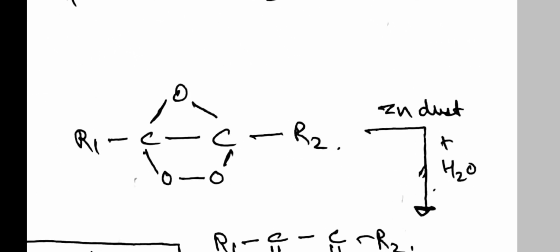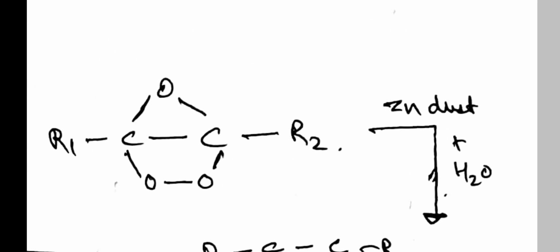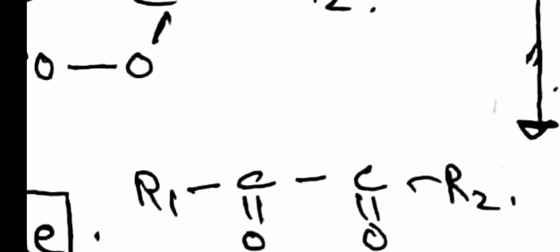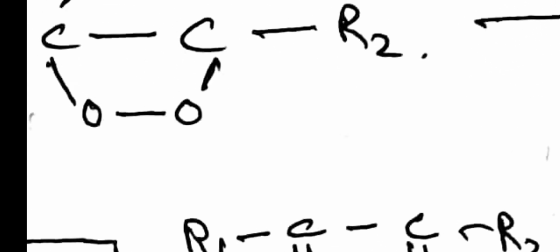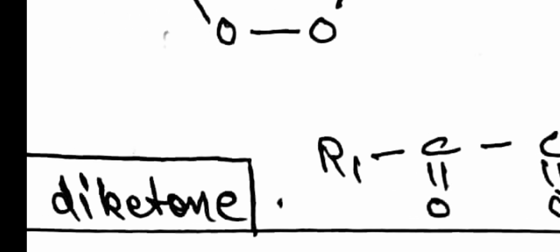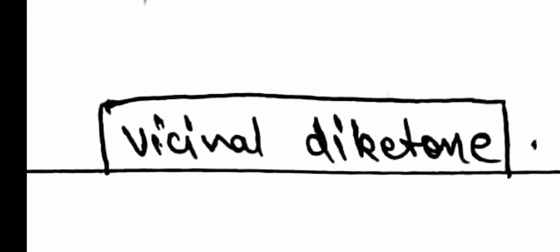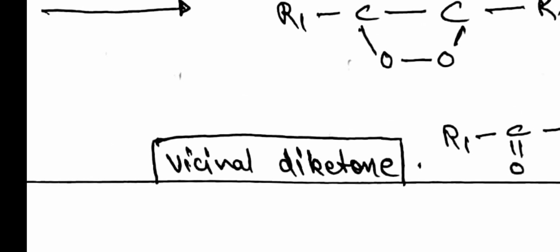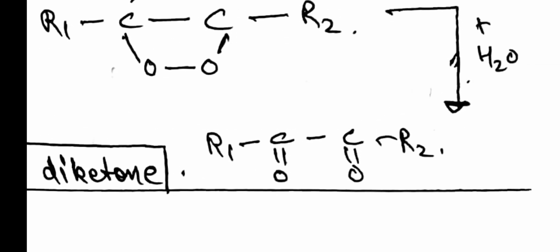And when you again add Zn dust plus H2O, you are going to get this. Oxygen will form a double bond on both carbon atoms, and this is called a vicinal diketone.